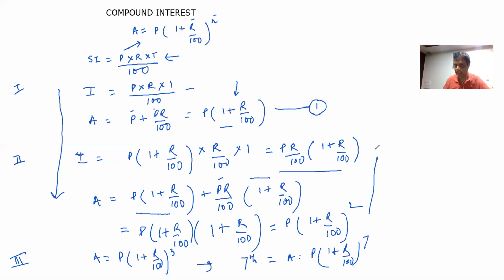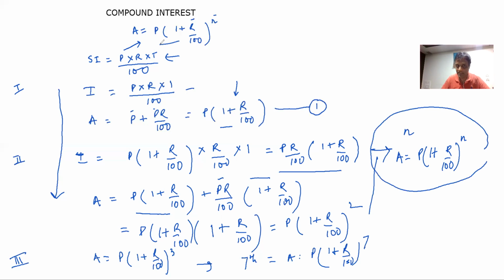So I can easily say that if there are n years for which I have to calculate the amount, it will be P (1 plus R upon 100) to the power n. And this is how we get this formula from the basic formula of simple interest.